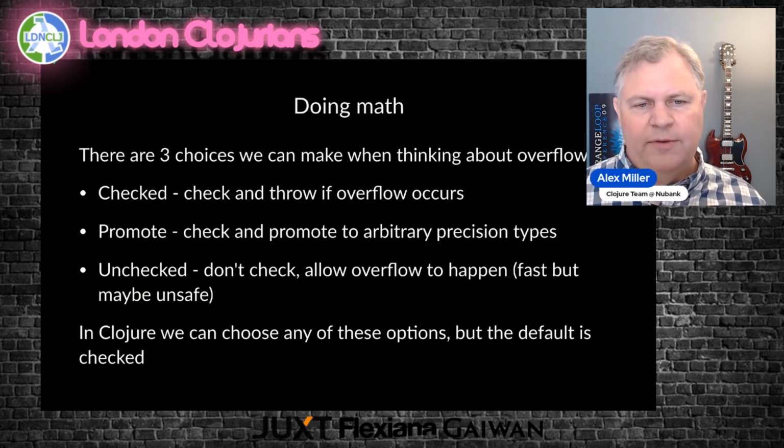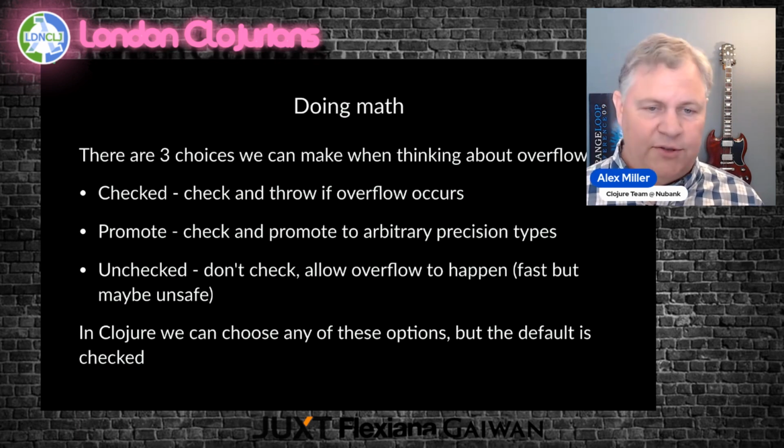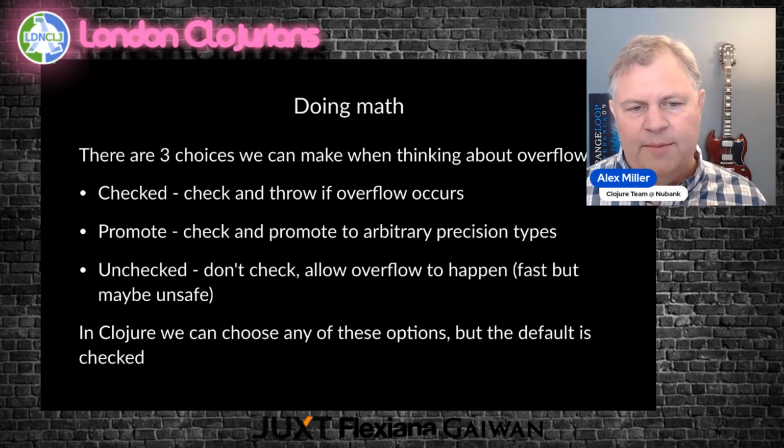And if so, throw. That's the default in Java. It's also the default in Clojure. You can check and instead promote your fixed precision type up to some arbitrary precision type that can actually do the operation that you've requested. And there's a way to do that in Clojure as well.